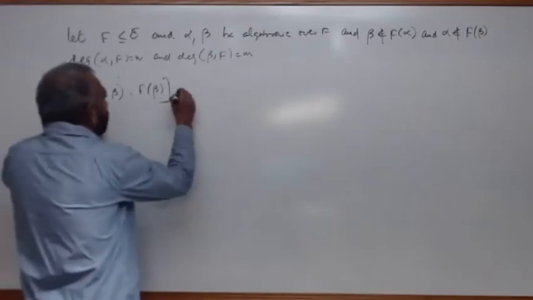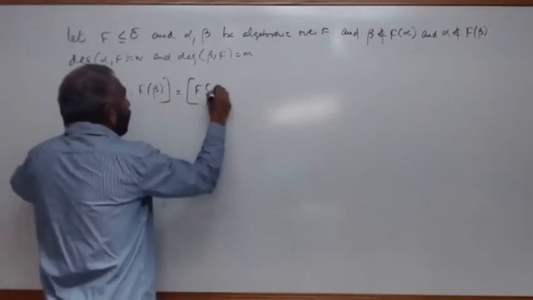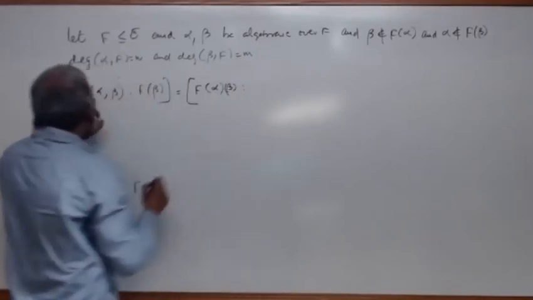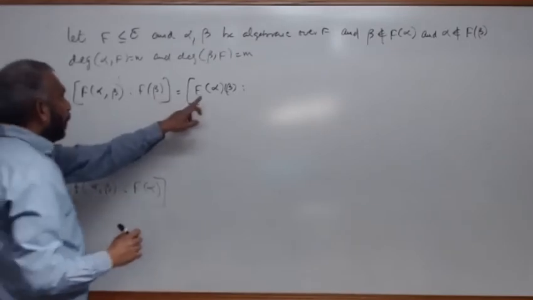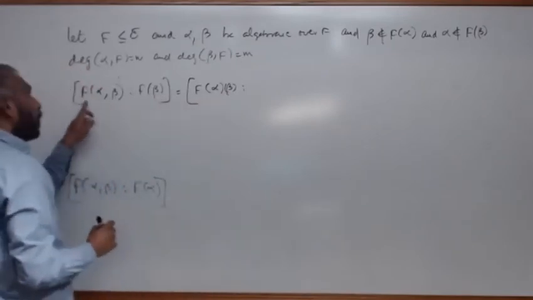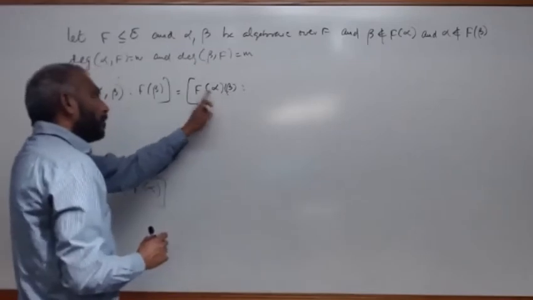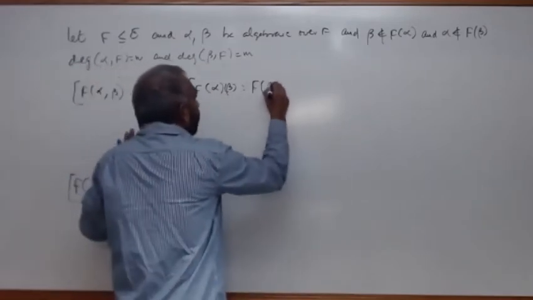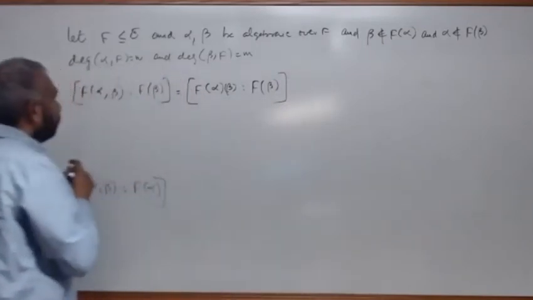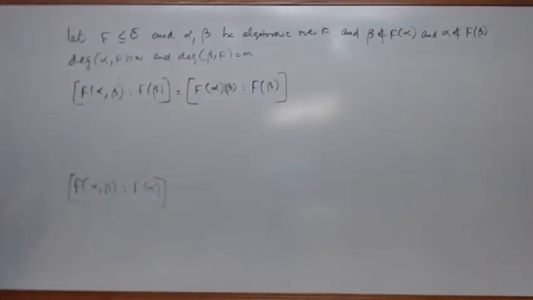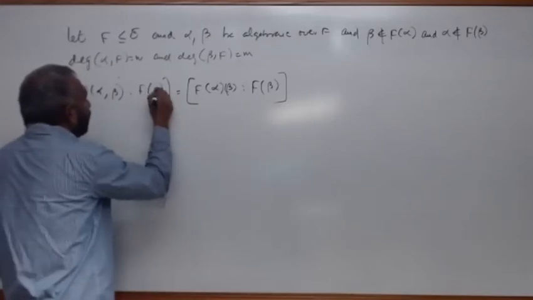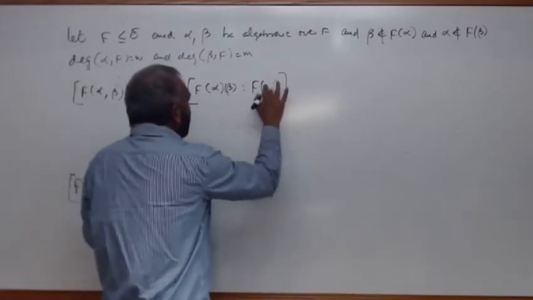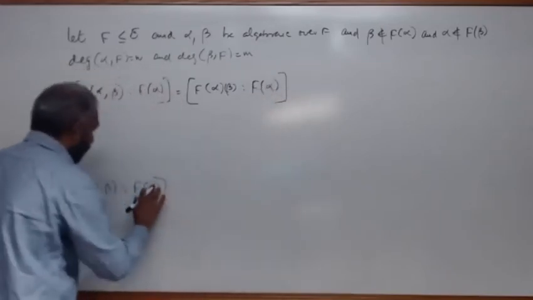This is actually equal to [F(alpha)(beta) : F(alpha)], you can write it like this because this is a simple extension of beta over F(alpha). Or let me write this as an alpha here. That is easier, and we'll come back here again as beta here.